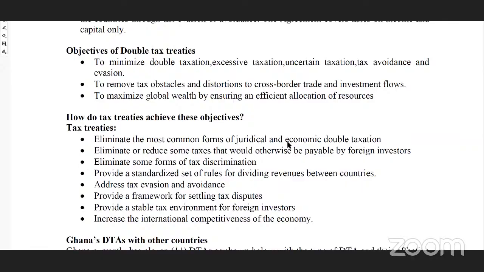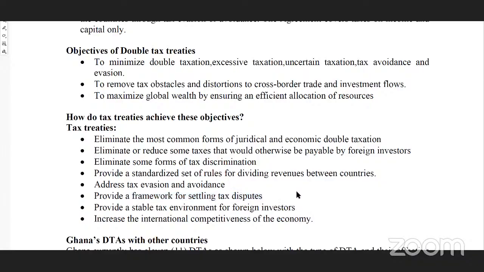So how do tax treaties achieve those objectives? They eliminate the most common forms of juridical and economic double taxation. They eliminate or reduce some taxes that would otherwise be payable by foreign investors. They eliminate some forms of tax discrimination. They provide a standard set of rules for dividing revenues between countries. They address tax evasion and avoidance. They provide a framework for settling tax disputes.